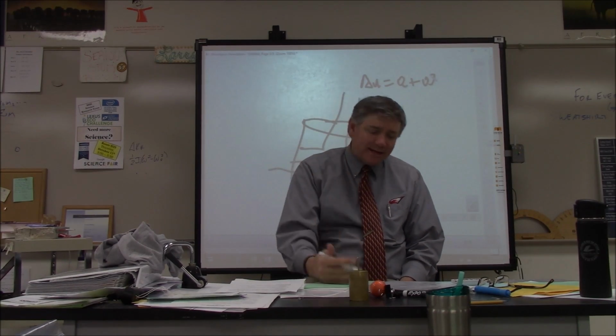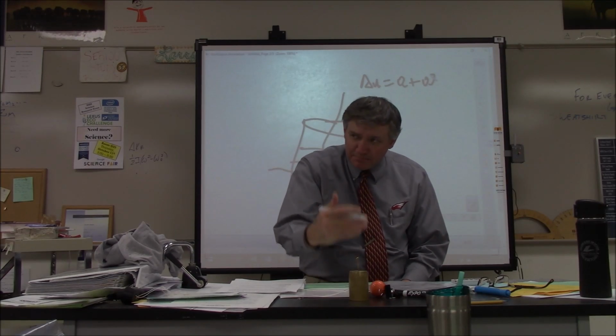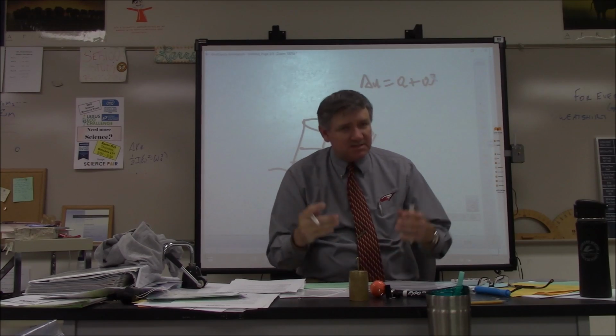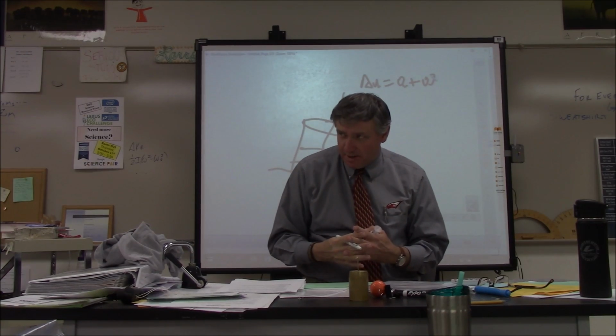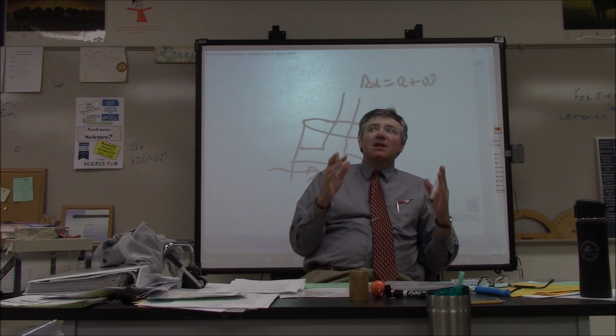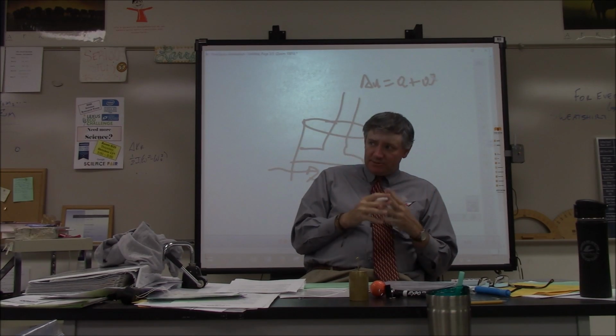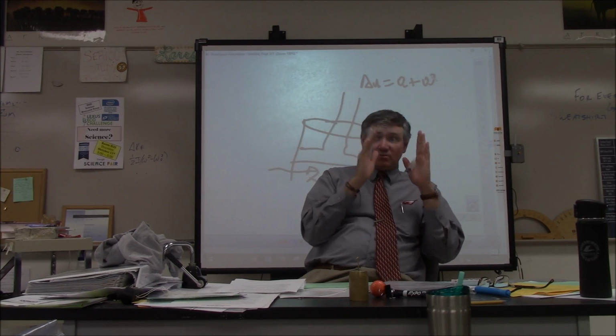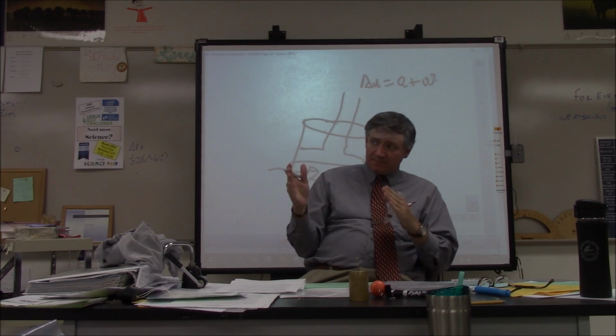Bigger. Anytime the volume gets bigger, that means work is done by the system. It costs energy. Anytime you see the volume of something getting bigger, that costs energy, and the code word is that work is done by the system.